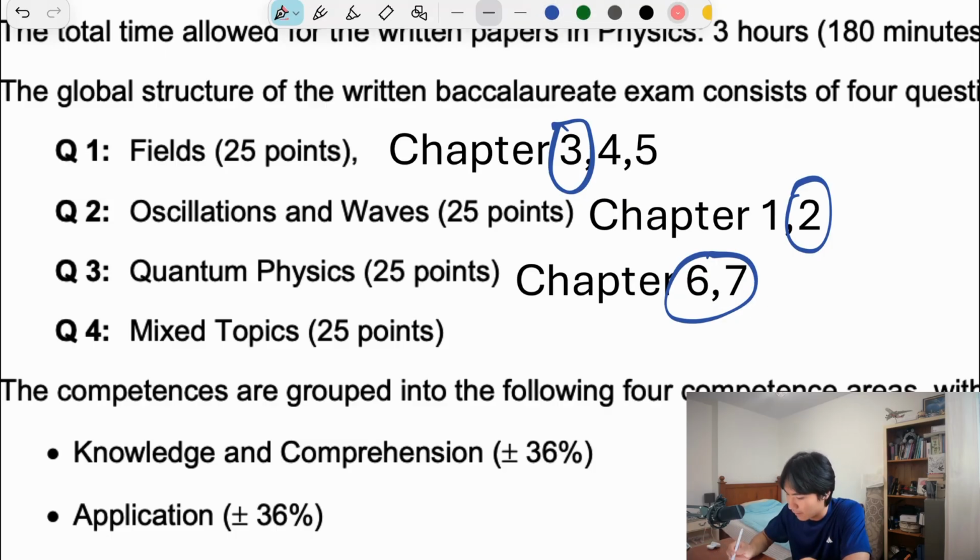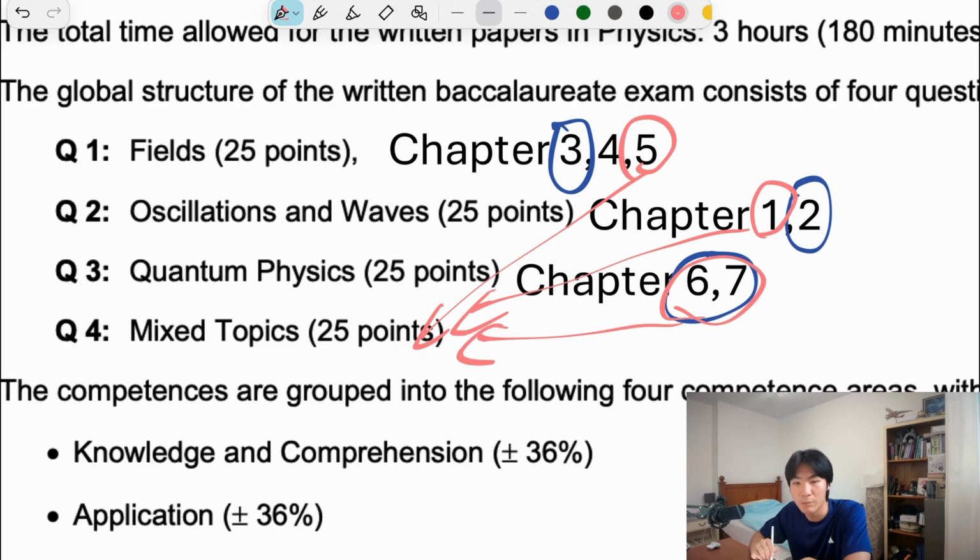As you can see, the mixed topics are generally going to be the ones that weren't tested before. So for example, if chapter 3 was covered, maybe chapter 5, maybe chapter 1, and maybe a bit of quantum physics is going to be combined into the last question. But it's not always the case that they are combined.